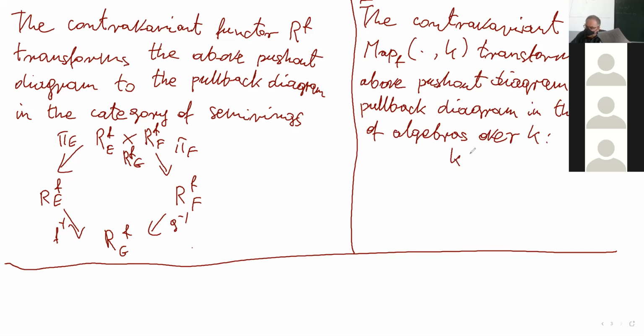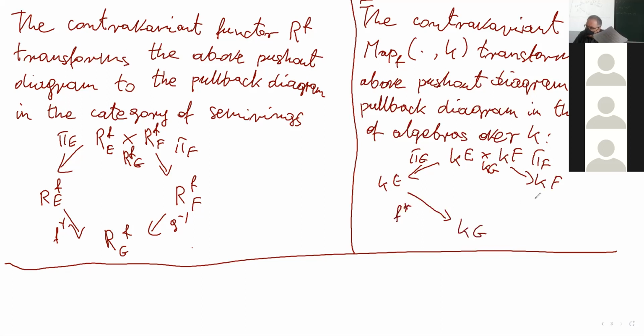So here we have the fiber product of path algebras, Ke times Kf over Kg, canonical maps on Ke and on Kf, and then the pullback maps. So here I have this F star going to Kg and G star going to Kg.